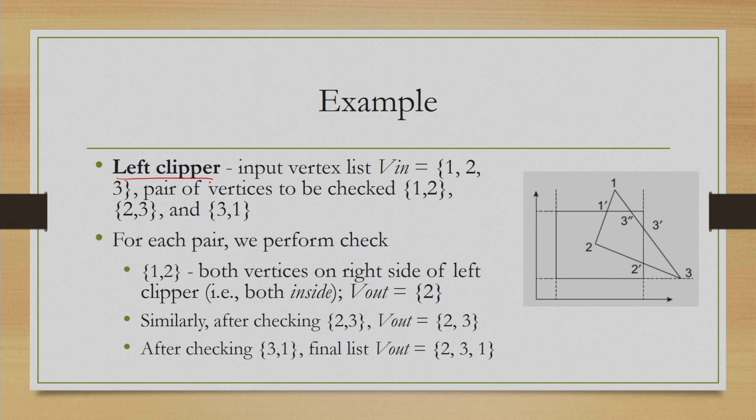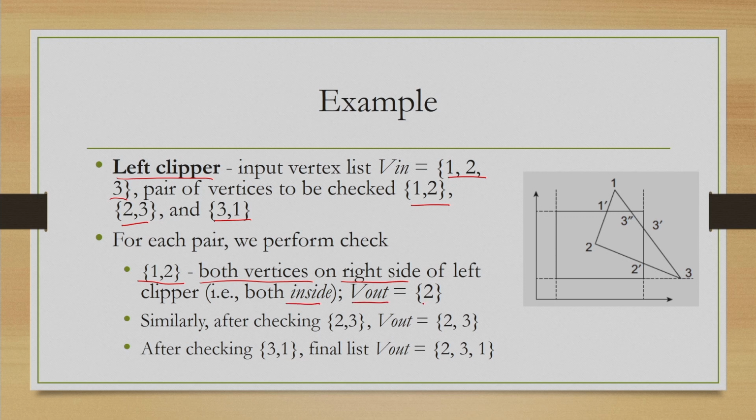So, here the input vertex list is the original vertices, that is 1, 2, 3, which indicates the 3 edges represented by the vertex pairs 1 2, 2 3 and 3 1. So, for each pair we perform the check. For pair 1 2, we can see that both the vertices are on the right side of the left clipper, that means both are inside.